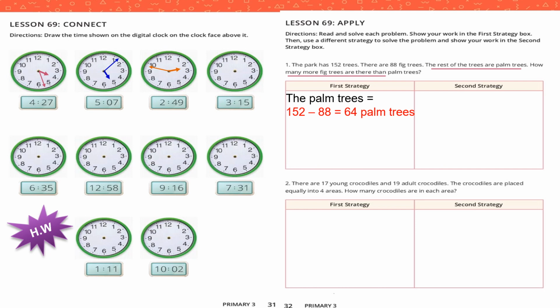Now he wants me to find how many more fig trees are there than palm. How many more than? It's a key word for what? A key word for subtraction. So I don't know the difference between them. I want to find the difference between fig trees and palm trees.